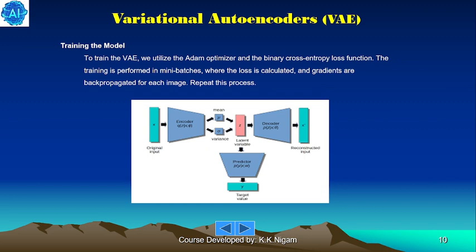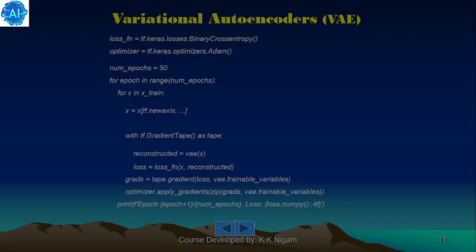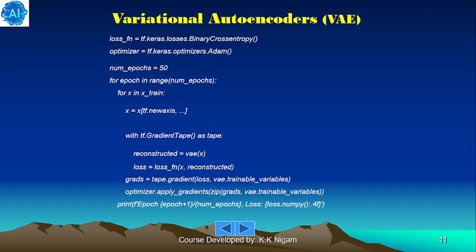Then training the data. To train the VAE, we can utilize the Adam optimizer and the binary cross entropy loss function. The training is performed in mini batches where the loss is calculated and gradients are back propagated for each image. Repeat this process. Now this again is code which one has to write.